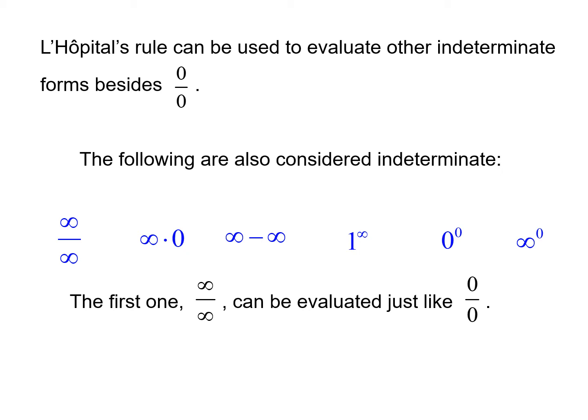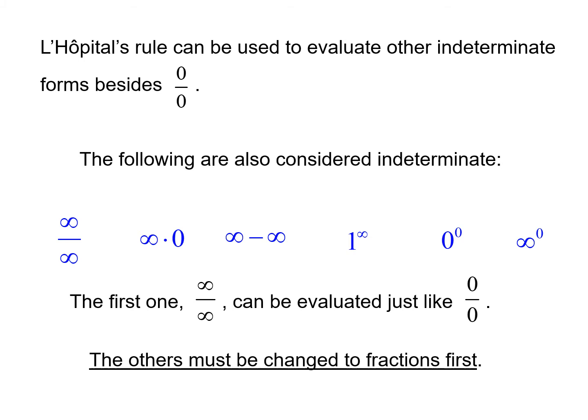So we know from yesterday that we can handle infinity over infinity just like we do 0 over 0. But for the other ones, before we can use L'Hopital on it, we have to put it in the form of infinity over infinity or 0 over 0. Again, I would make a poster of this and I would memorize it.